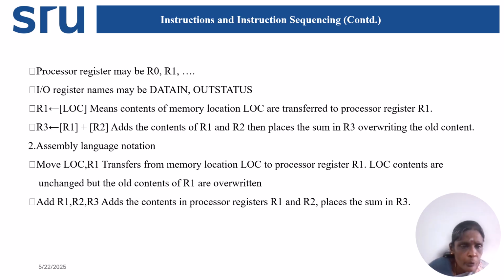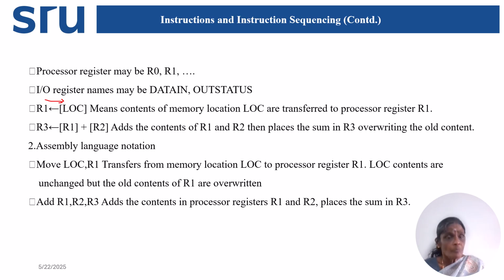And then R1, see the arrow mark. The direction of the arrow mark indicates the transfer of data, but from which location to which location depends on the architecture of the system.